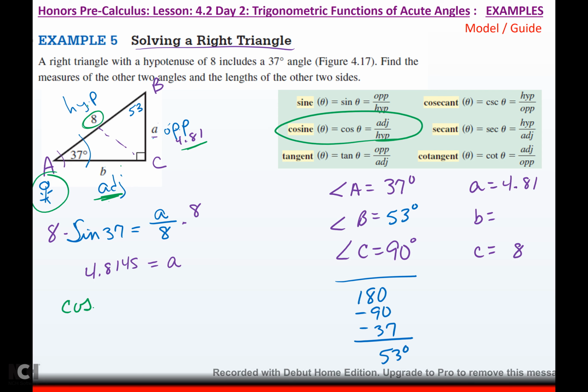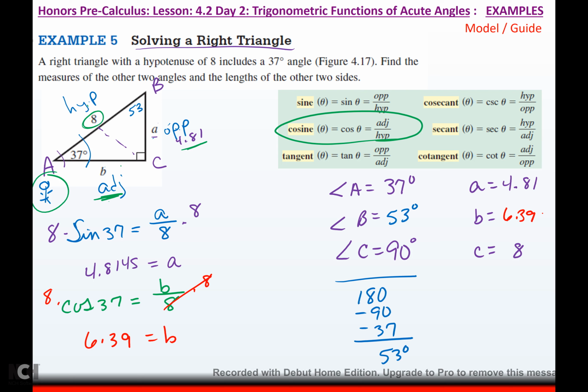So if I do cosine 37 degrees, that will equal adjacent, which is my little b, over hypotenuse, which is 8. And I can solve for b by multiplying both sides by 8. So I get 8 times cosine 37, and I get 6.39 if I round, equals b.